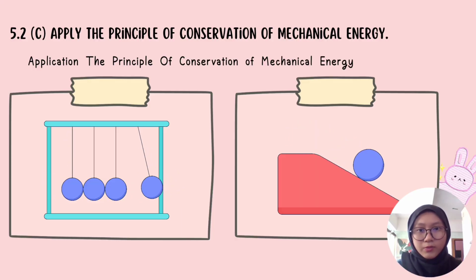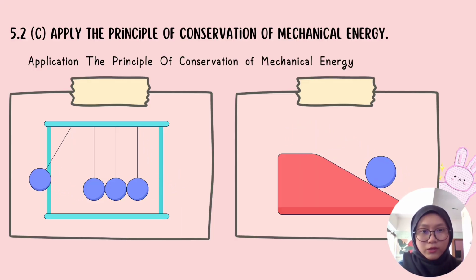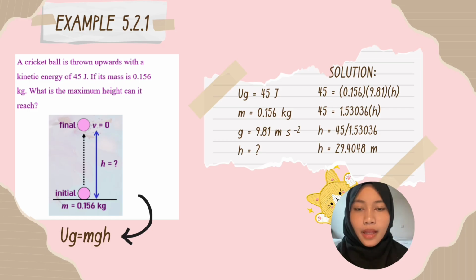These are the applications of the principle of conservation of mechanical energy. For example 5.2.1, the question is: a cricket ball is thrown upwards with a kinetic energy of 45 joule.